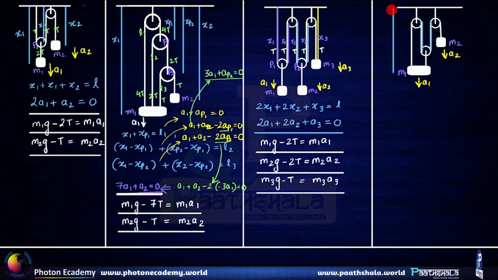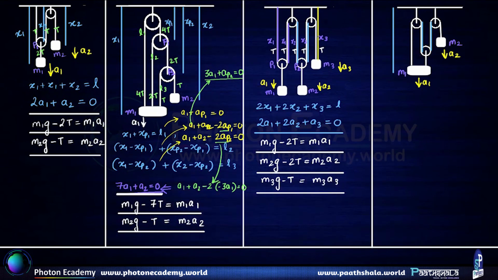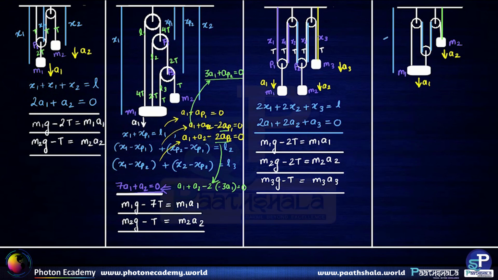So basically this length is varying as x1 is varying, this length is varying as x1 is varying, and this length is also varying as x1 is varying. So this is x2 over here. So this much part is basically x2. This part is essentially x2. So we can write down this varies as x1, this varies as x1, and this varies as x1 as well, and this part varies as x2.